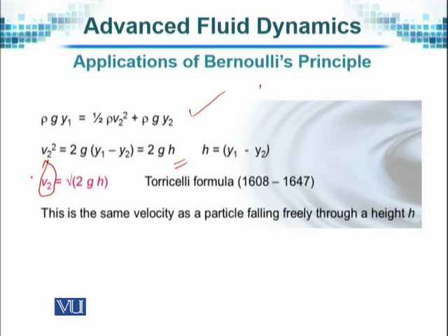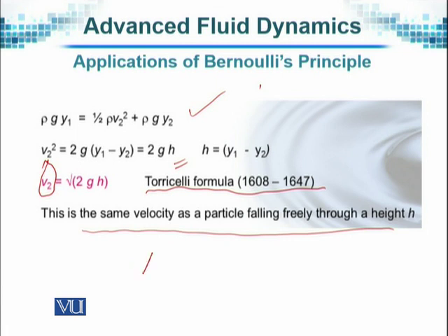This is the velocity that we have, and this is known as the Torricelli formula, first observed by an Italian scientist. Incidentally, this turned out to be the same velocity as a particle falling in space from a height h. You will remember that from the equations of motion we have that value.